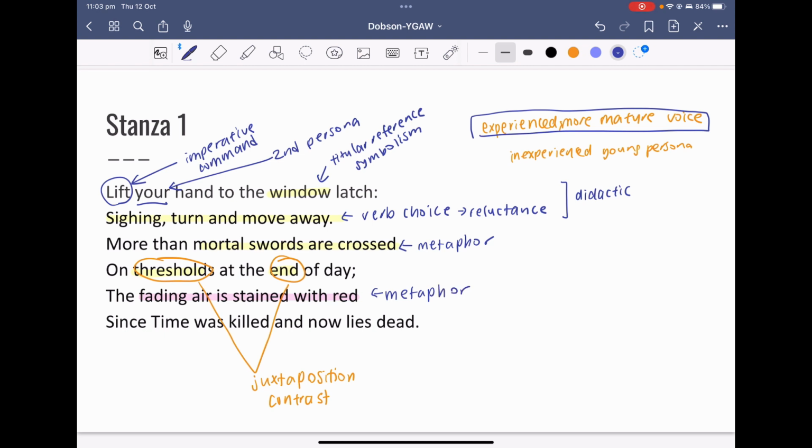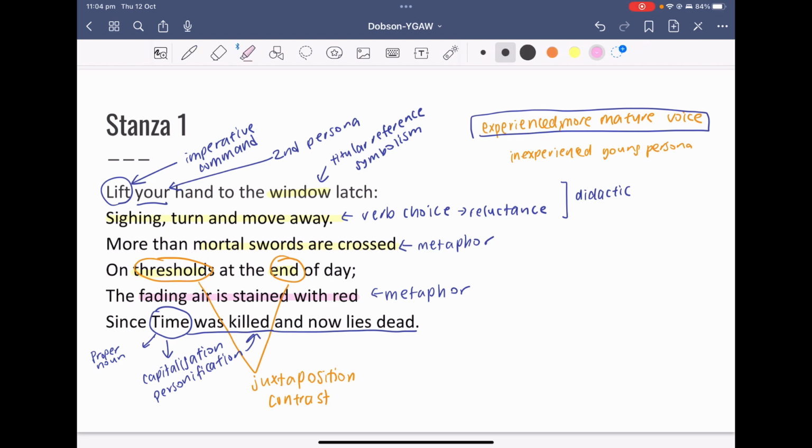And time was killed, or since time was killed and now lies dead. Now, I think it's important for us to recognize firstly here, there's capitalization, right? But it's also personification, in regards to time was killed and now lies dead. You could also make note of how time has become a proper noun because of the use of capitalization.